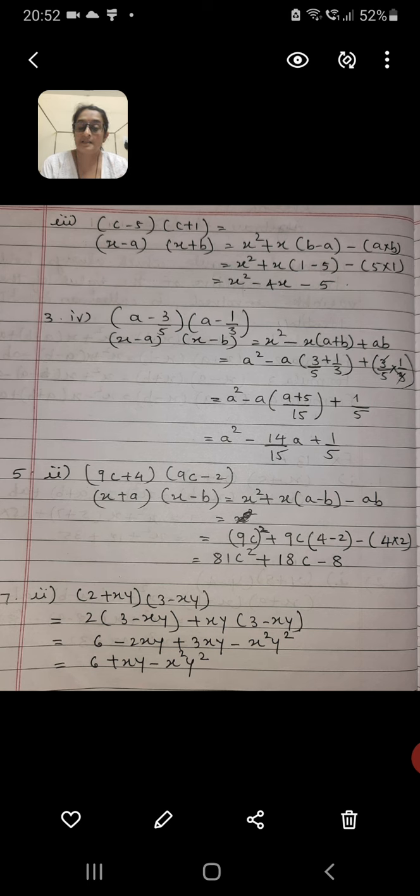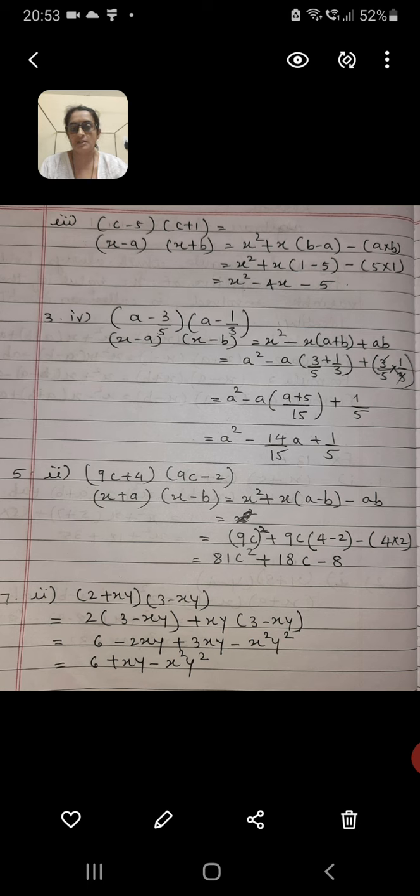When xy is repeated, it has to have the same sign in both brackets, but here one xy is positive, one xy is negative, so we can't use any identity there. Fine, because whatever number is repeated in both the brackets has to be the same sign, because in the previous one, whatever you had done, the variable which was repeated was positive. So here xy, once it is positive, once it is negative.